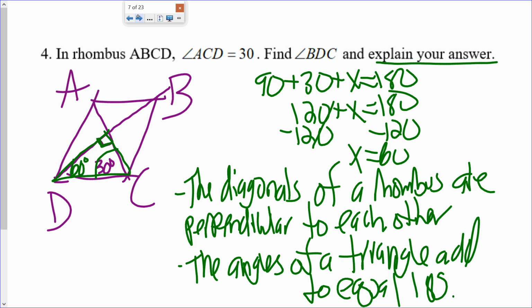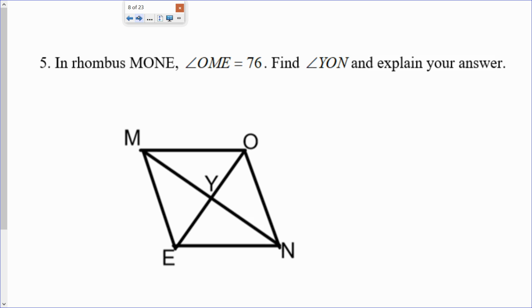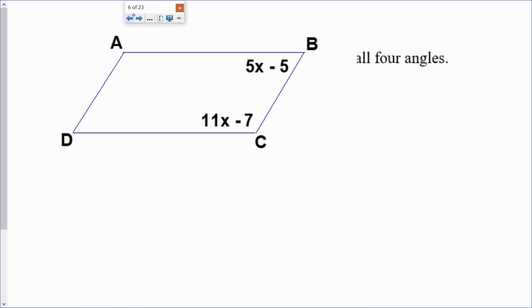All right, number 5, OME is 76. Find YON. So if you just want to try on your own first, you can. It's a little bit different than the ones we did, but it's the same concept where you're using the properties of the rhombus to get to your answer.